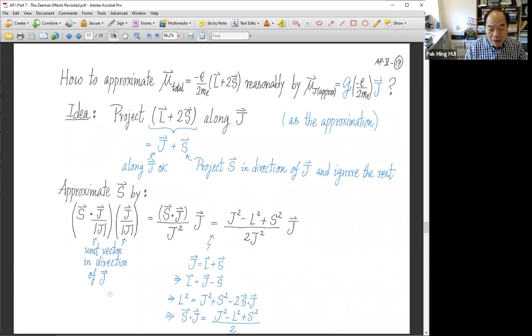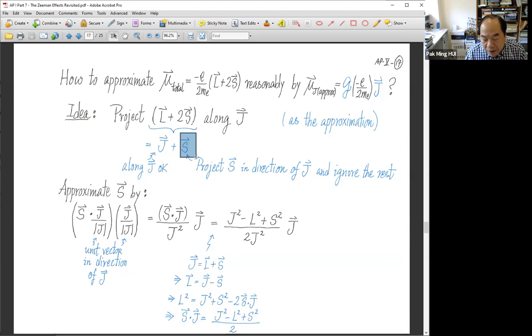We can make this approximation in one step. The idea is as follows. How about this? We take the projection of this extra S onto the direction of J. We ignore the other projection. That is the idea. Okay? Let me repeat. The original term is L plus 2S, which is J plus S. This part is good because it is already parallel to J. That is what we want.